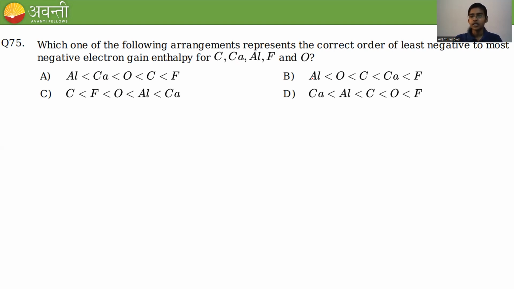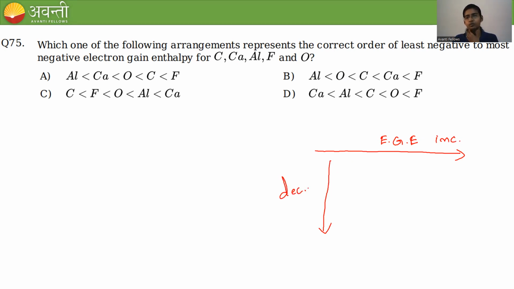So in the periodic table, the electron gain enthalpy becomes more negative across the period. Electron gain enthalpy increases across the period and decreases on moving down the group.